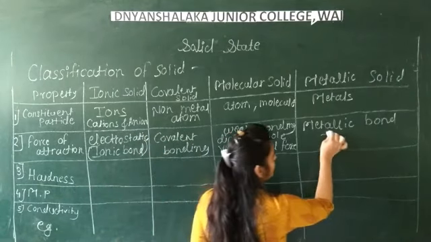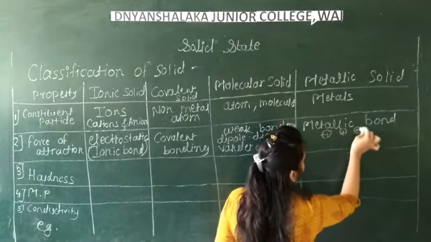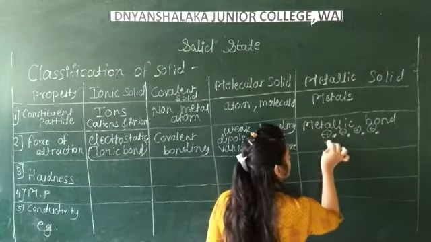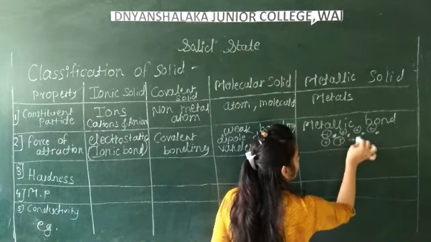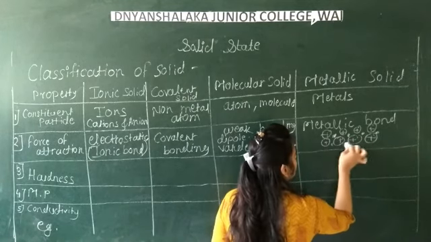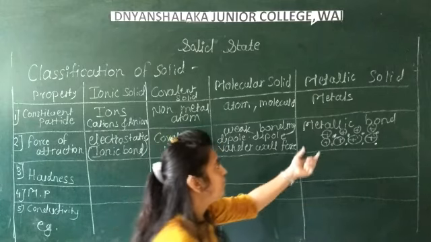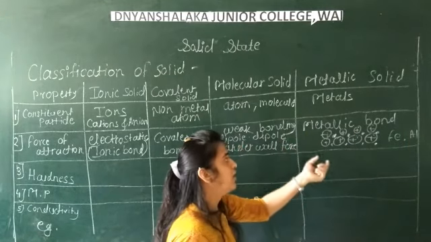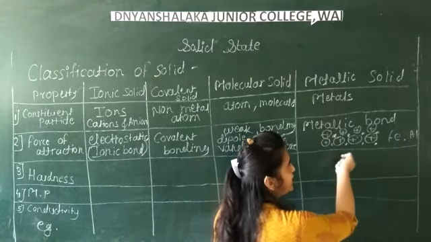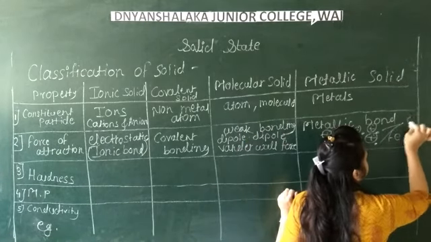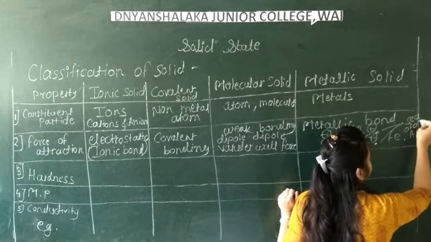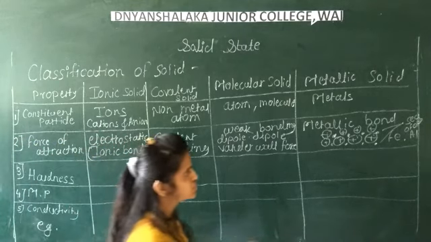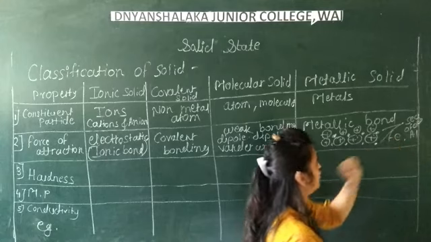For example, in any metal, for example iron, aluminium, the metal ions are arranged in a fixed manner, and between them the delocalized electrons are known as a sea of electrons. So a metallic bond means attraction between metal ions and the sea of delocalized electrons.